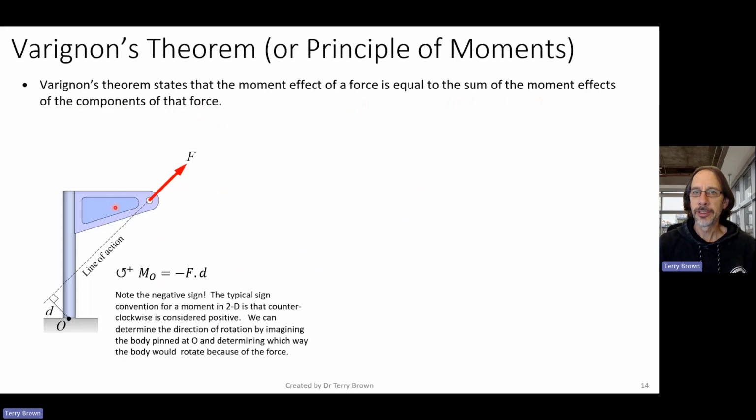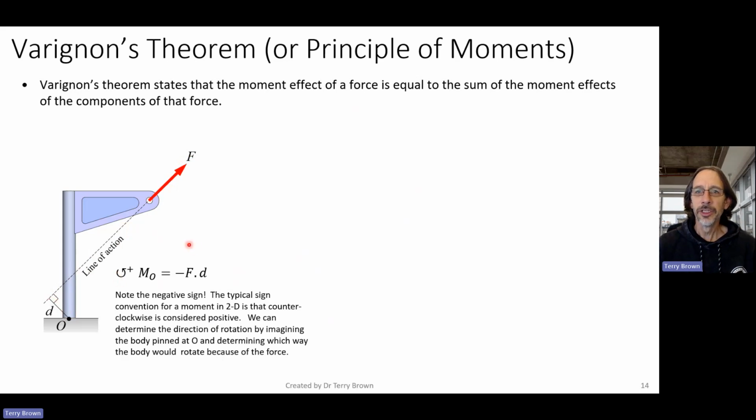Right, so in this example here, we've got the post with this lug on the end here. We've got a force applied. If we're just using force times perpendicular distance, we would have to extend our line of action here and find this little perpendicular distance down here.